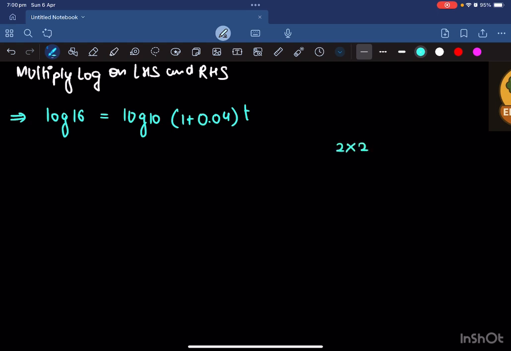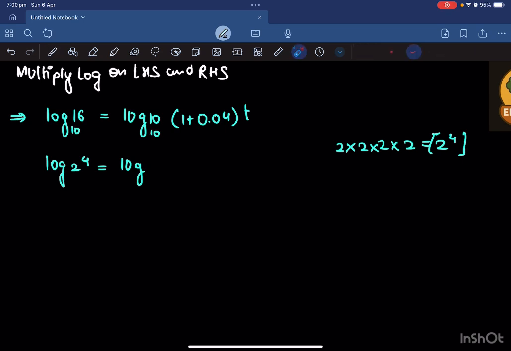Two, two, two, two. So 2 raised to the power 4 makes 16. So we can write here 2 raised to the power 4 and log 10. Consider this the base. It's called the base. So log 10, 1.04 to the power t. So we can take the power to the front, this and this.